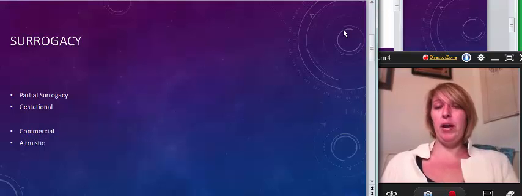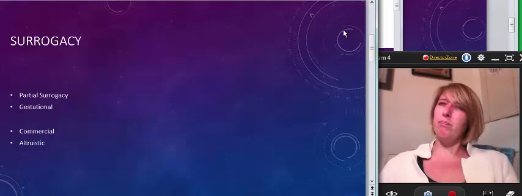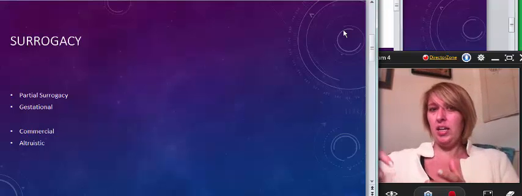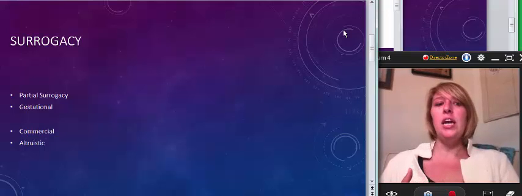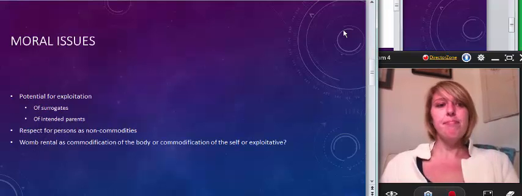If the intended parents might want to have a say in where she stays or that sort of situation, in some jurisdictions, that might still fall under altruistic. That's where it can get a little bit legally fuzzy. But altruistic in general means that she is unpaid for that labor.